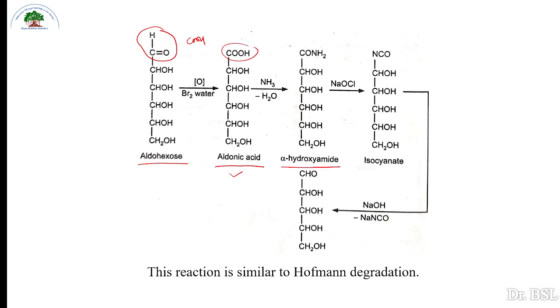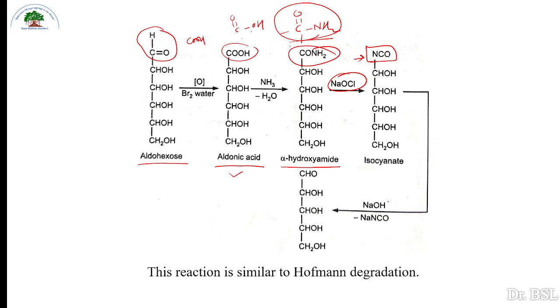This COOH has been converted into CONH2. All the remaining structure is the same, the only change is conversion of COOH into CONH2. Then further, this alpha hydroxyamide on reaction with sodium hypochlorite gives isocyanate. And here, the only change is that this amide has been converted into isocyanate.